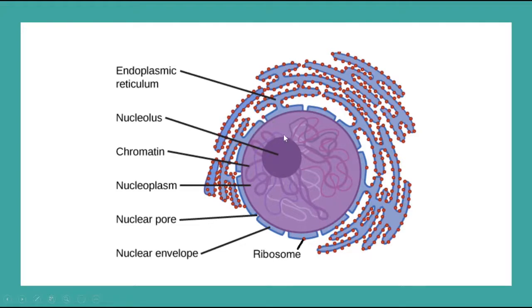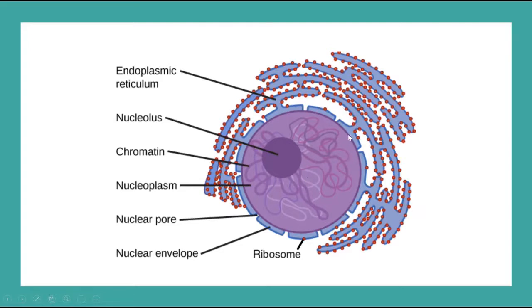There is a thin space between the two layers of the nuclear envelope, and this space is directly connected to the interior of the membrane. If you see here, this space is connected with the endoplasmic reticulum. This way the mRNA goes to the endoplasmic reticulum, where the ribosomes are situated and protein synthesis takes place.